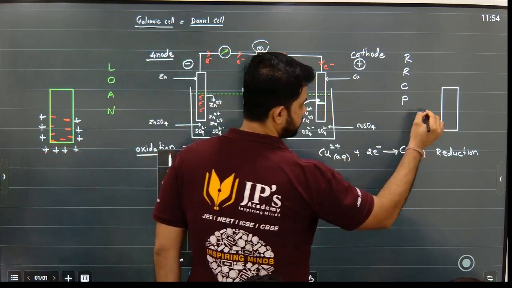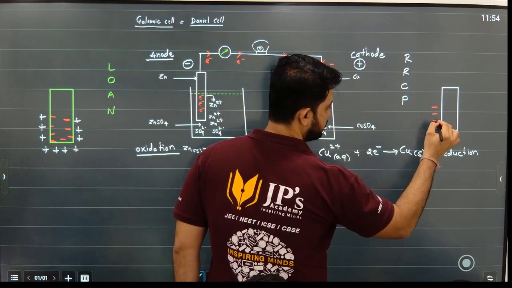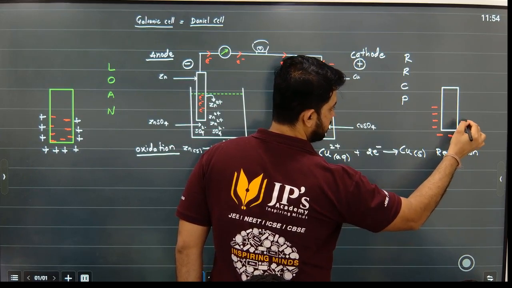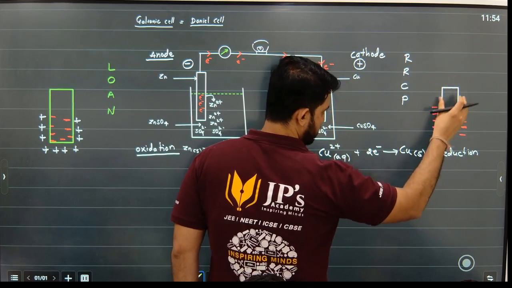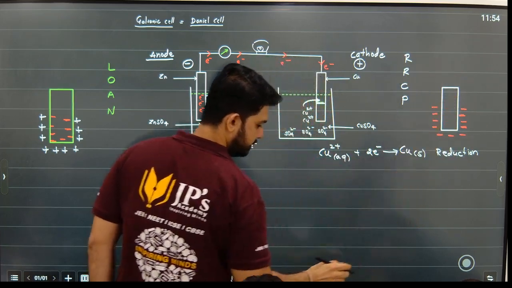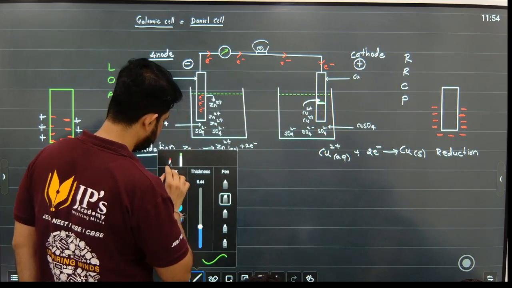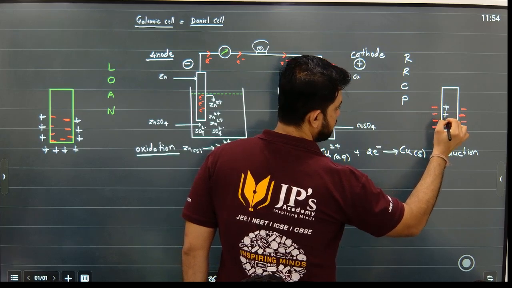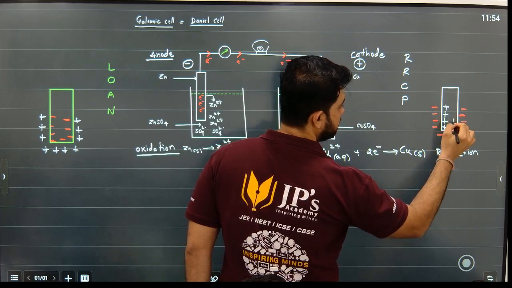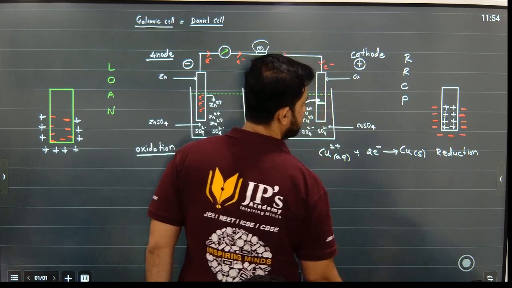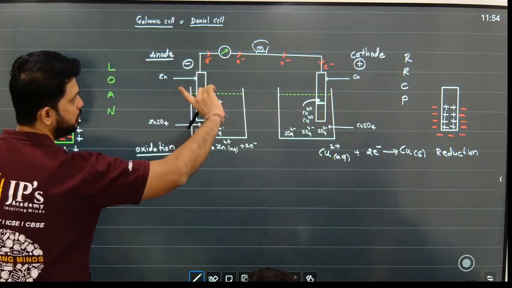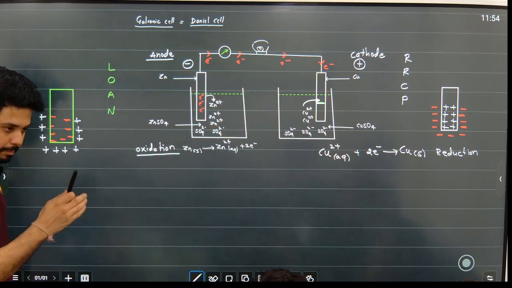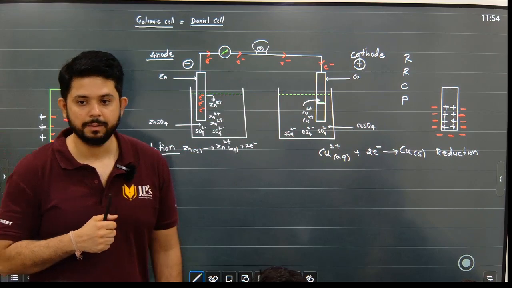The solution has excess of SO4 2-. So do you think any external electron will come here? Yes or no? As a result of which the flow of electrons stops. So we need to maintain that balance.